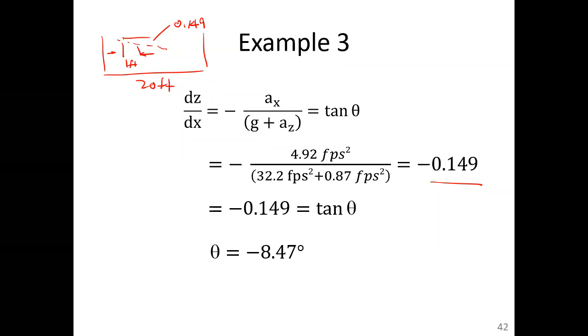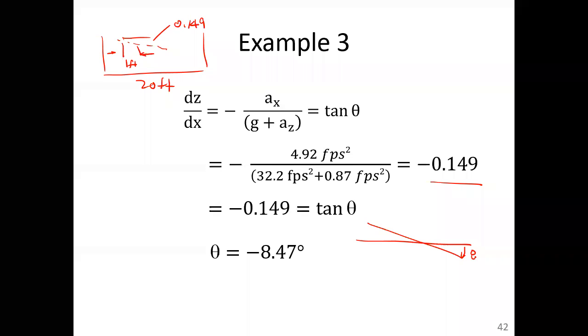So theta is minus 8.47 degrees, meaning our surface is 8.47 degrees below the horizontal when we look at it this way.